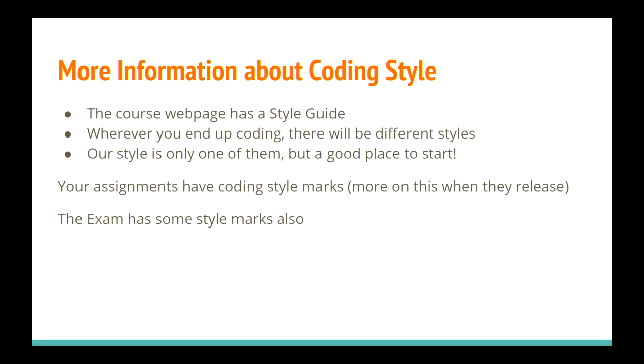So 1511 style is really helpful for indenting and things. It's reasonably helpful for white space. It's not that helpful for variable names, because 1511 style can't read your variable name and say, you used, I don't know, die 3 when there are only 2 dice or something. 1511 style is not an AI or anything. It's just a little program. So it can't tell stuff to that level, but it can help you a little bit with the basics.